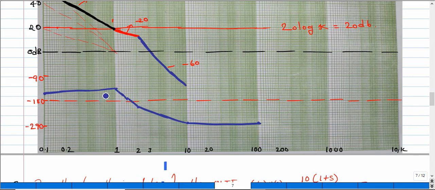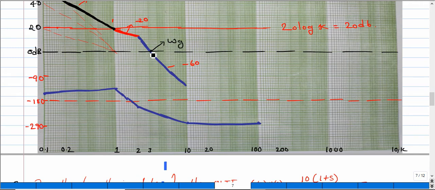Now we shall mark omega g as well as omega p, followed by gain margin and phase margin. See this particular point where it is intersecting, we call this omega g.